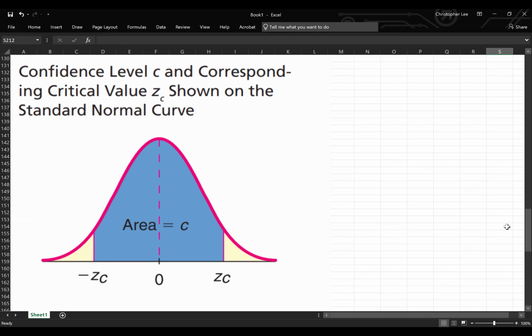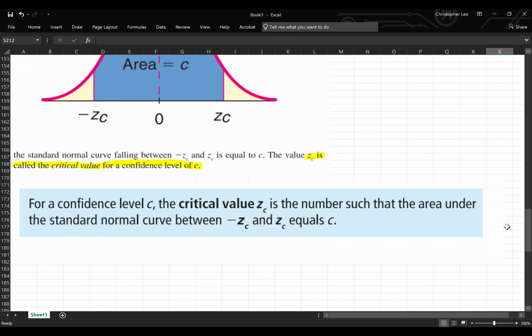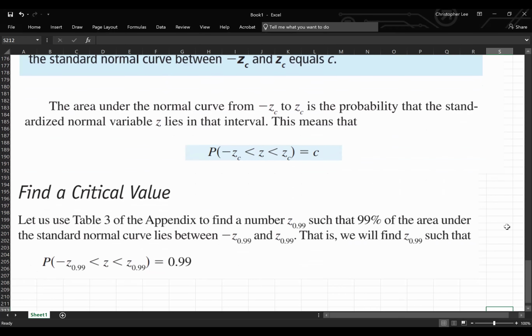Now can you show me the formula to this chart? I got you. Let's look at the example. The example will make more sense.